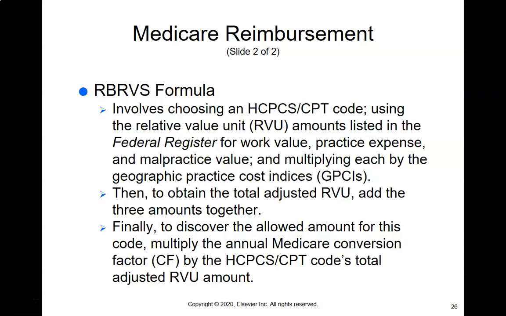Then, to obtain the total adjusted RVU, add the three amounts together. Finally, to discover the amount that's allowed for this code, multiply the annual Medicare conversion factor by the HCPCS/CPT code's total adjusted RVU amount.